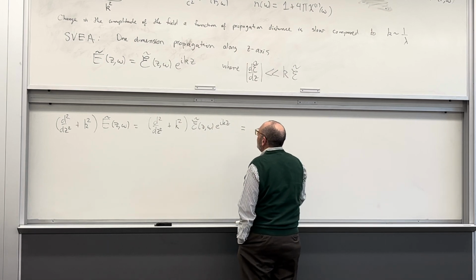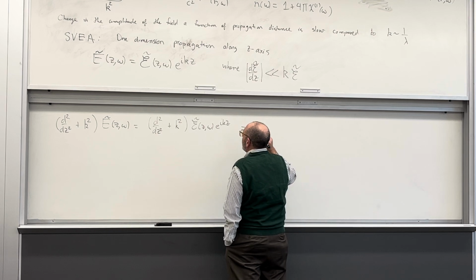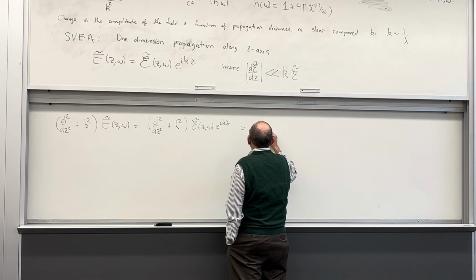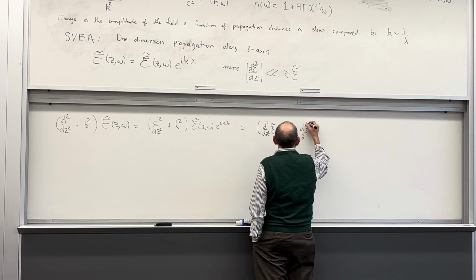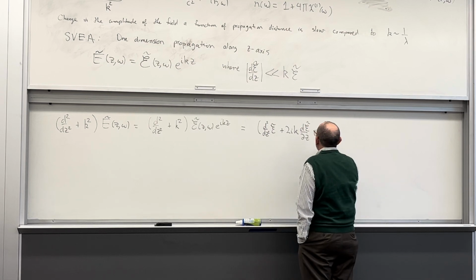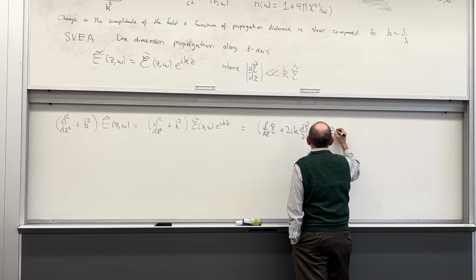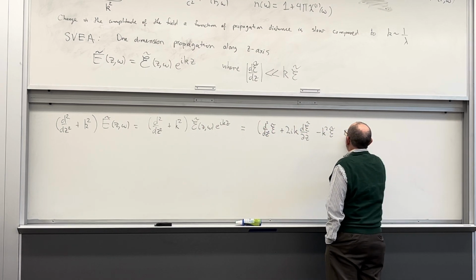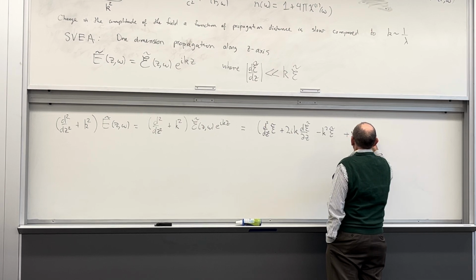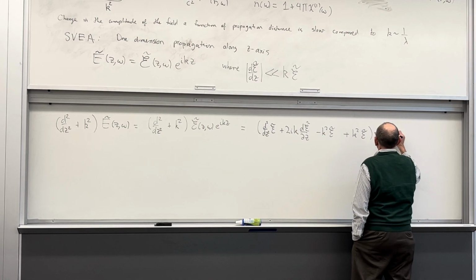So what I'm going to see in this case is d squared by dz squared of E tilde plus 2ik dE/dz minus k squared plus k squared, times e to the ikz.